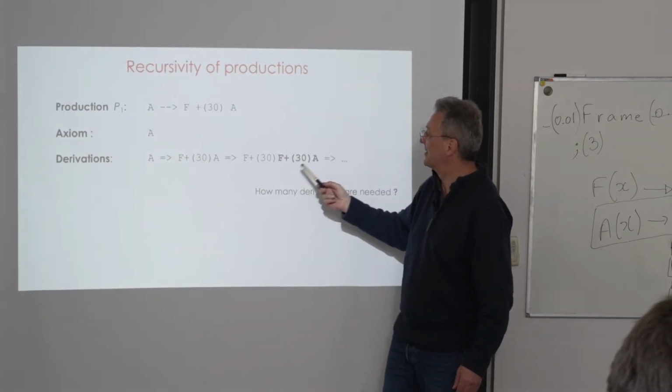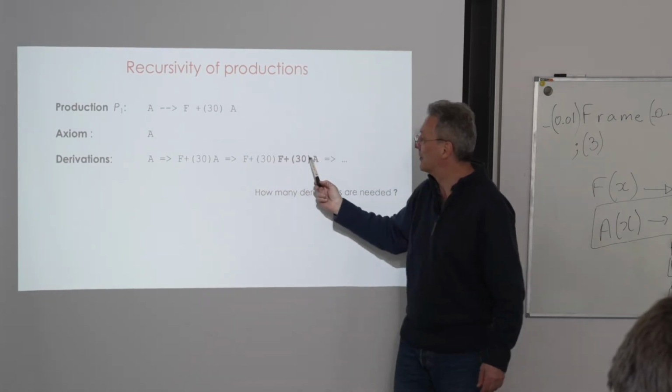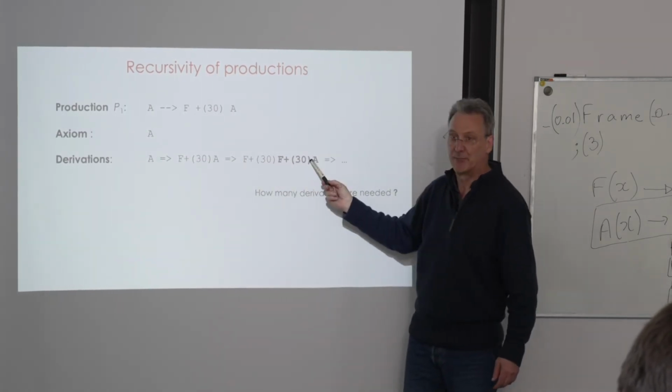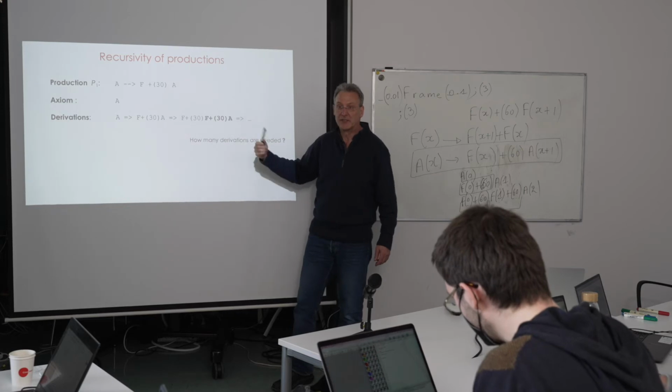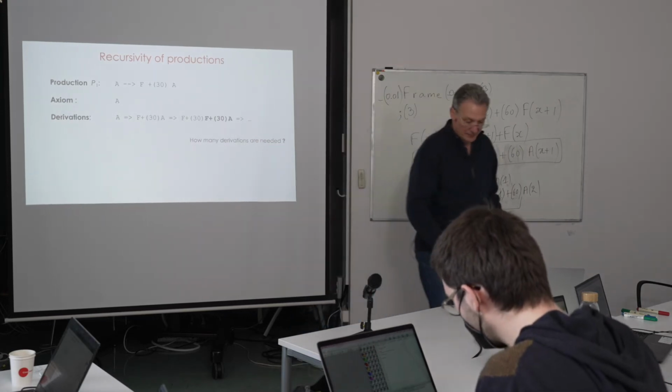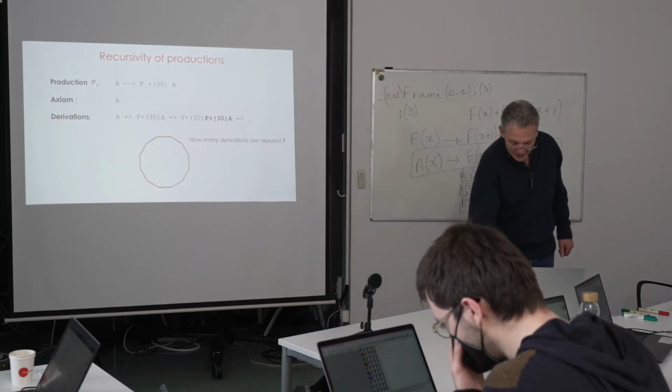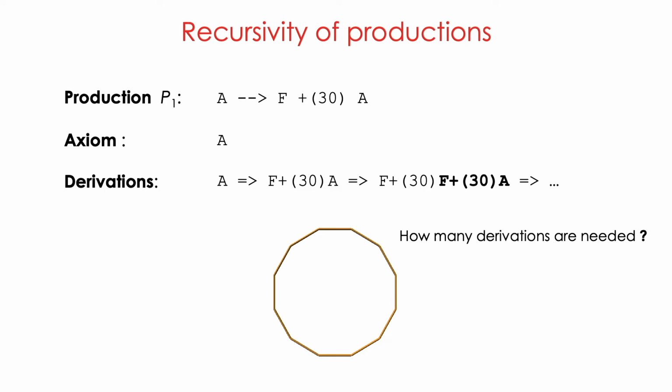What you see is that the derivation will augment the number of F plus progressively, incrementally, as you make the derivation. Using this idea, you could think of drawing a circle in this way.